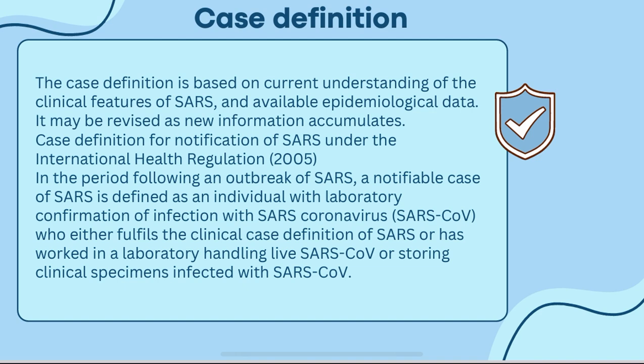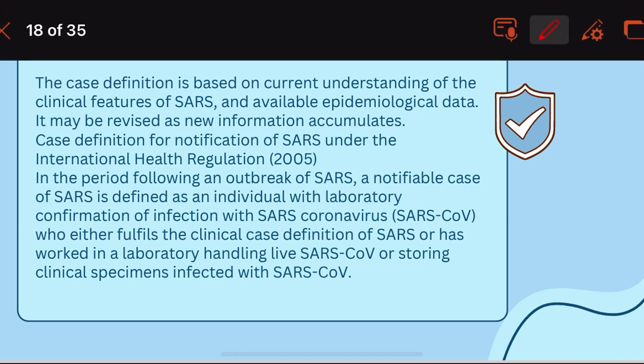Case definition for notification of SARS under the International Health Regulations 2005. In the period following an outbreak of SARS, a notifiable case of SARS is defined as, from here the important thing starts, how do we define SARS?